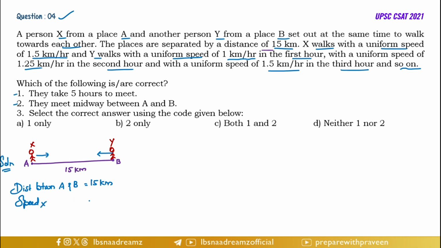Speed of X is equal to 1.5 kilometer per hour. So we will check whether the statement is true.